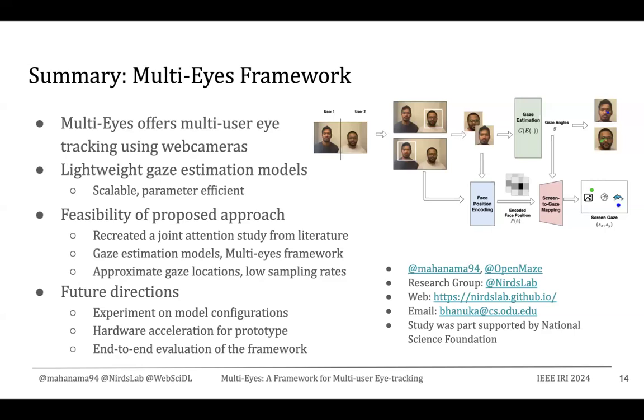Using the same joint attention experiment, we demonstrated the utility of the overall framework and also the gaze estimation models. Our setup provides approximate locations with a low sampling rate. As future directions, we expect to experiment on the module configurations, possible hardware acceleration, and end-to-end evaluation of our framework.